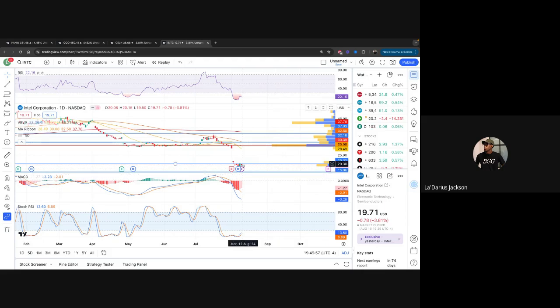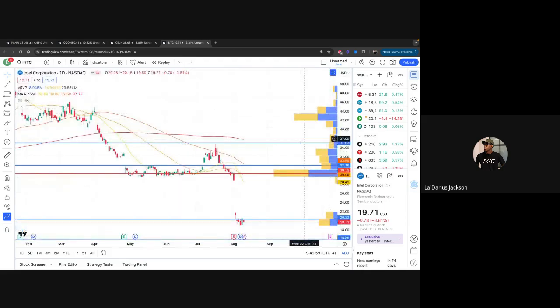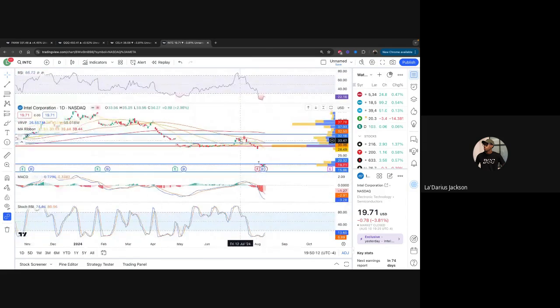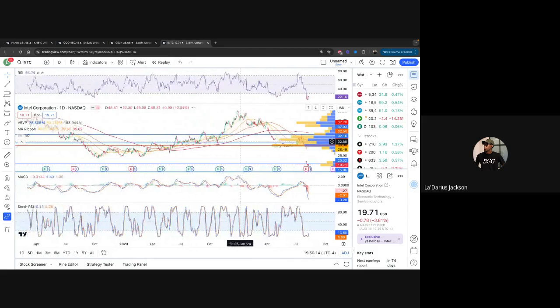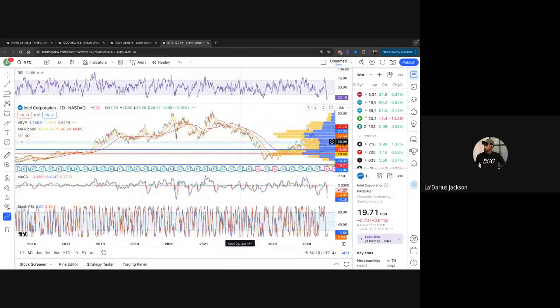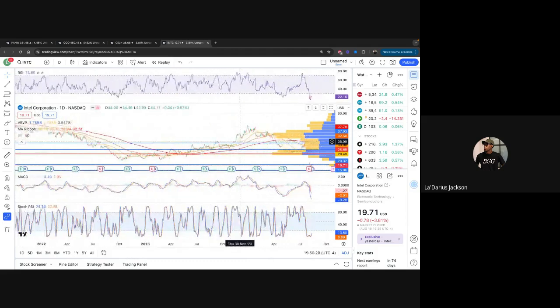So right now, what I would do with Intel, if it's me, I'm waiting for it to find a ground. It looks like the ground is around this 20 area, but it could go down even lower to 15. Let me back out some. It's the lowest it's been in a while. Yep, this is the lowest it has been in a while.